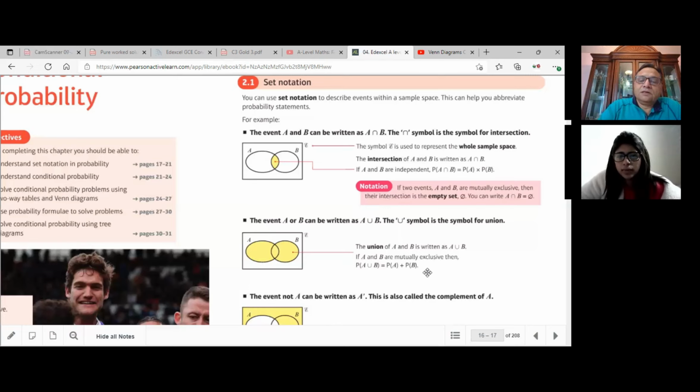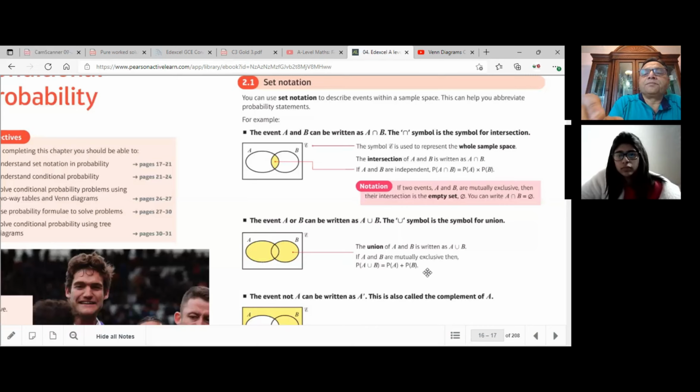Now the other one is the union, when everything is included. Here they say probability of A plus probability of B gives you the union, but that is the case only if they are mutually exclusive. Two important terms are pointed out here.